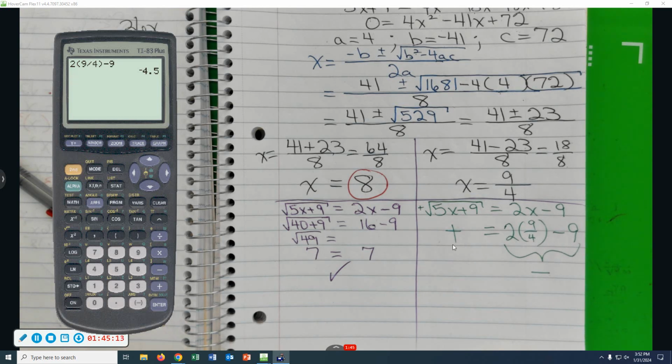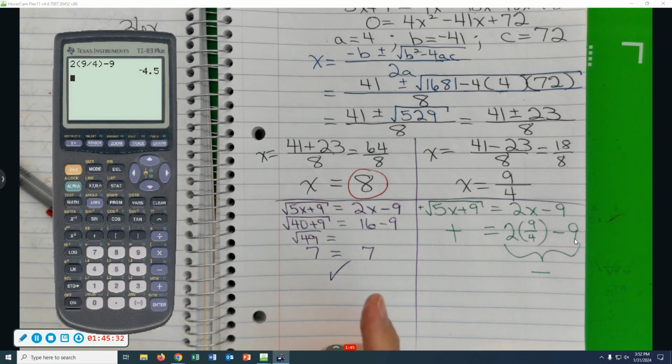But the point of this is the most common scenario for a square root equation. When you have two possible solutions, the most common scenario is one of them checks, one of them doesn't. It's not hard to rig it so that both of them check, but I'll tell you what is difficult.